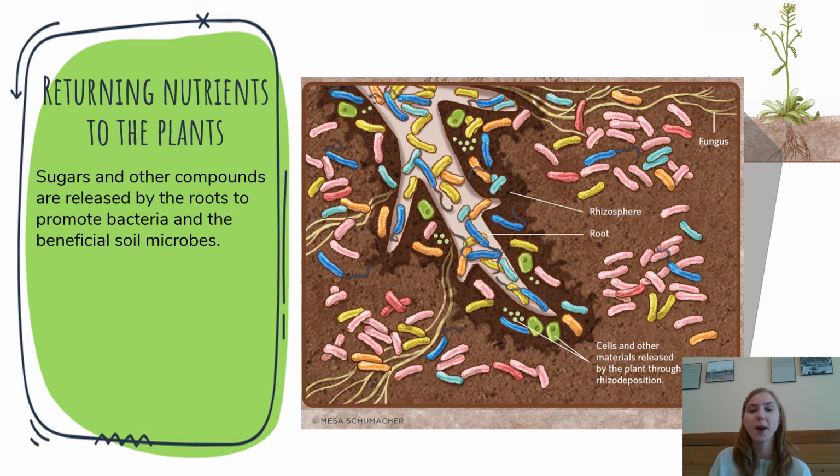So this is a better picture of that. This is the end of a root that's leaking all those sugars into the soil, and that provides food for bacteria to come in and eat it. And then while they're there, they will also help break down and help the plant access nutrients that the bacteria can break down.